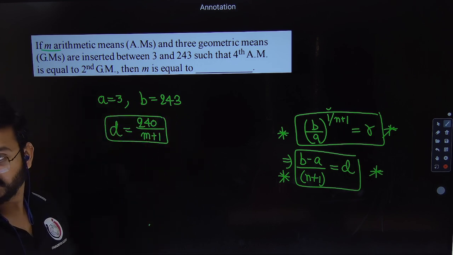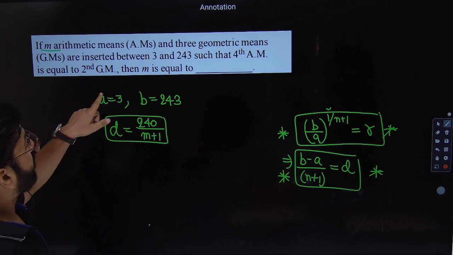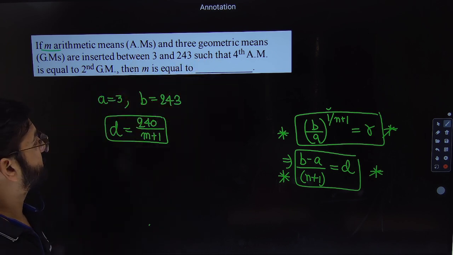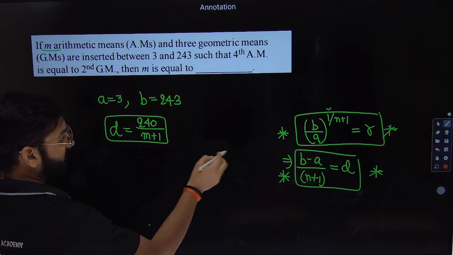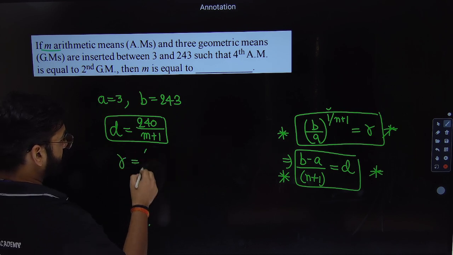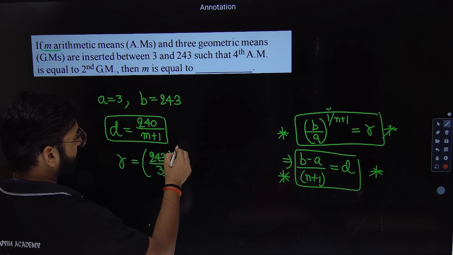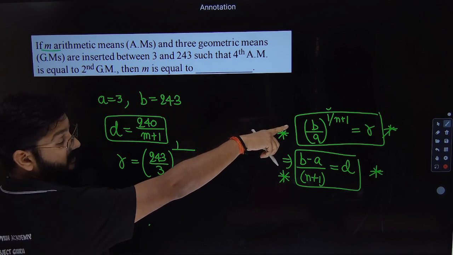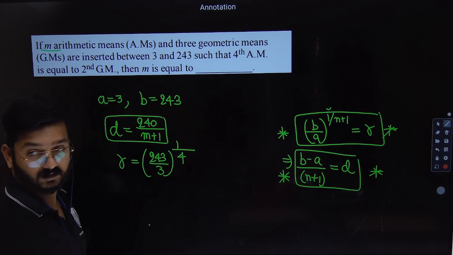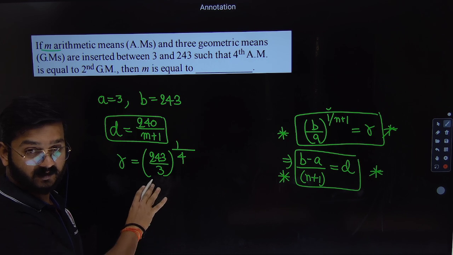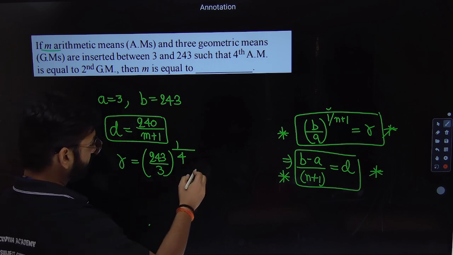Any doubt in this? This is the common difference. And 3 geometric means, so what will be the common ratio? (243 by 3) to the power 1 by (3 plus 1), that is 4. Correct? Anyone having problem in applying the formula?